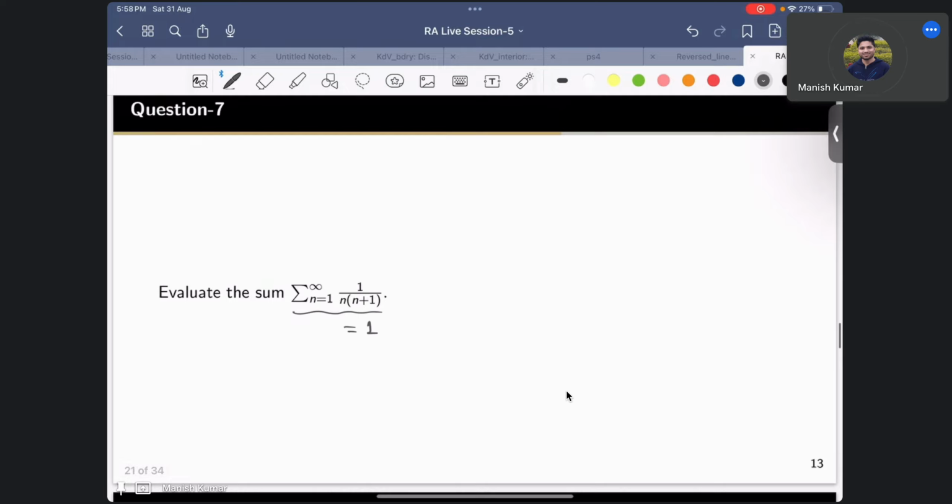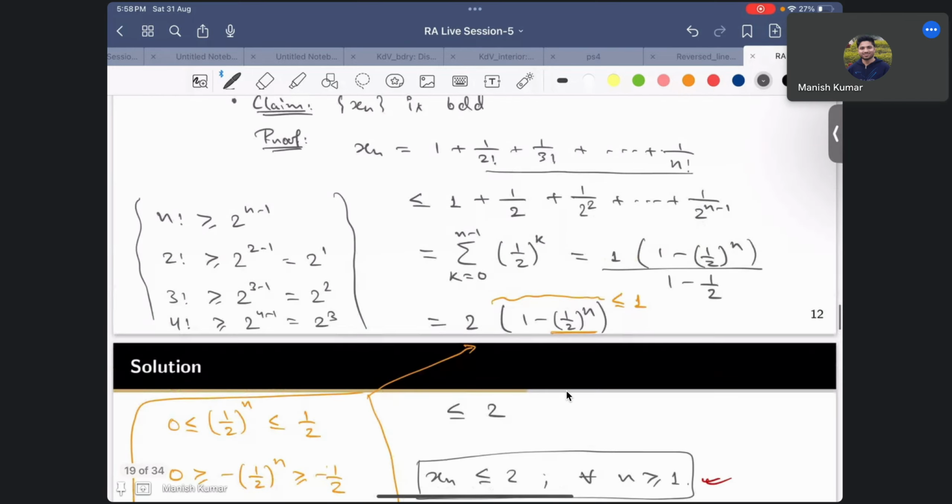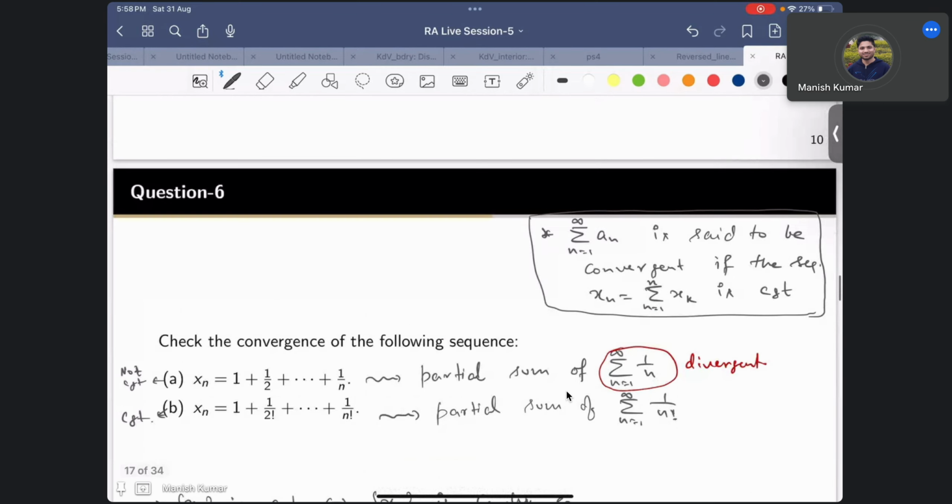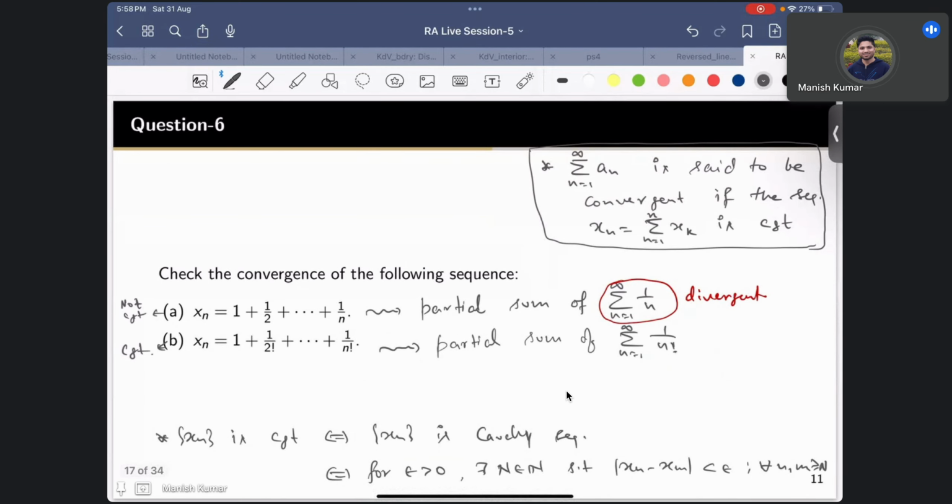Actually, in today's session I have not included any problem where I can discuss the choice of test, but what I am trying to say is that you can use any of the tests, whatever suits you. If you get a hint that you can use the comparison test, by finding a proper upper bound or a proper lower bound, then it is very easy to use. Suppose you have been given some a_n.